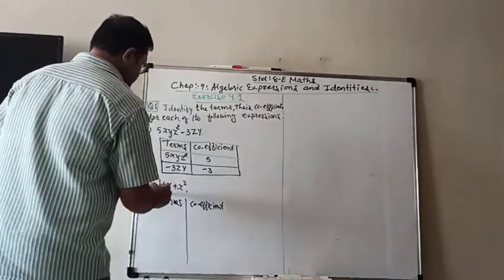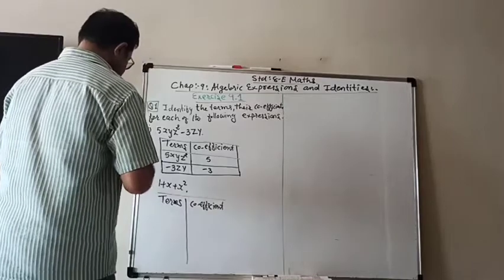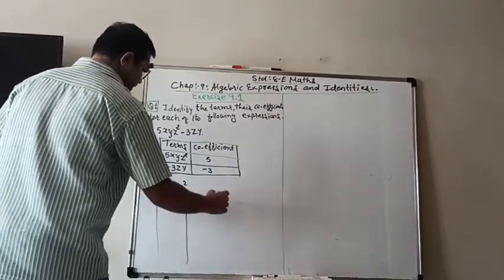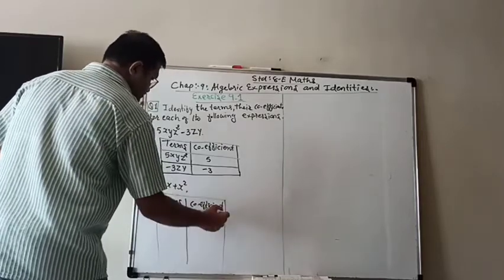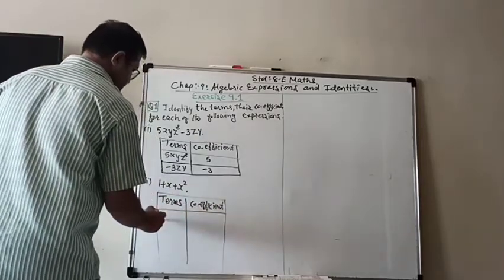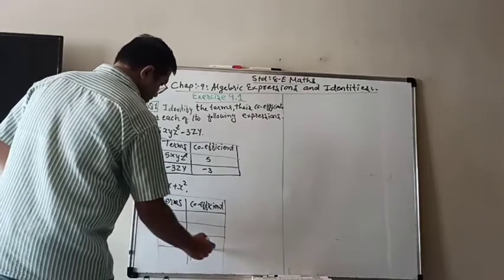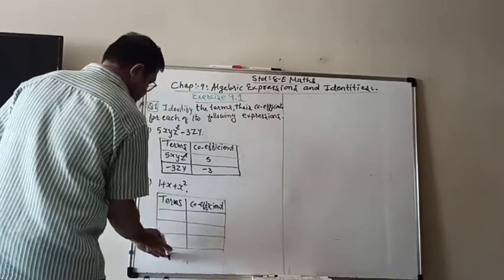So now here also we will write down all the terms one by one, and against it its coefficient. There are 3 terms, so we can make 3 boxes for them.